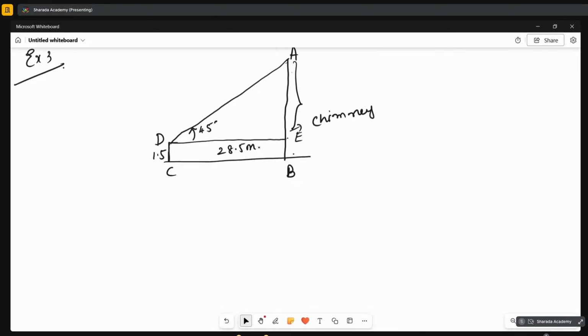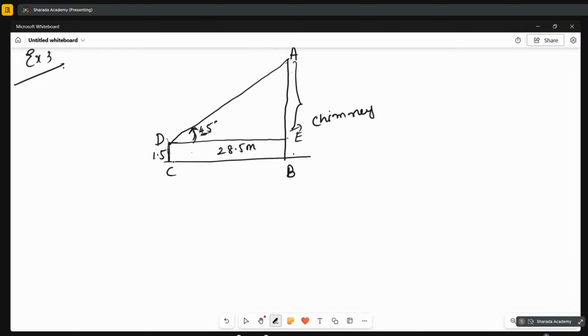Listen here now. This is a chimney at 90 degree with the ground. A person is standing, he is 1.5 meters. Now, from his eyes, the angle of elevation is 45 degree. Eyes means it is near to the head, right? So, we will take the angle of elevation from the head. Angle of elevation you have to take from the head of the person.